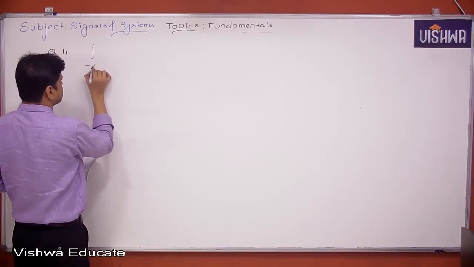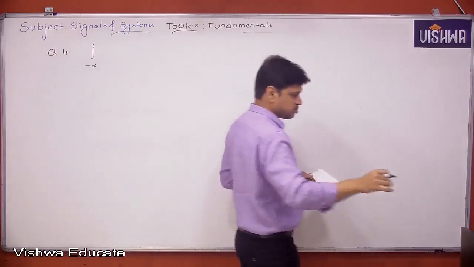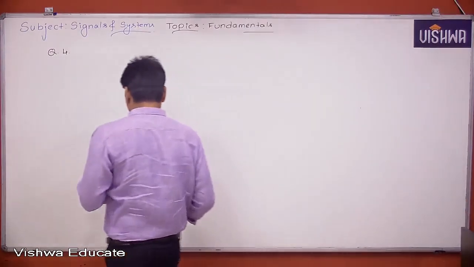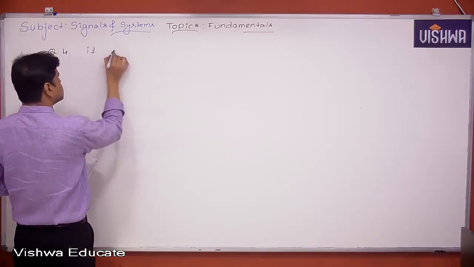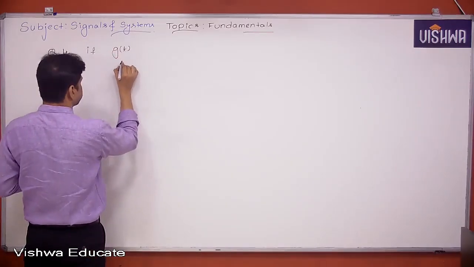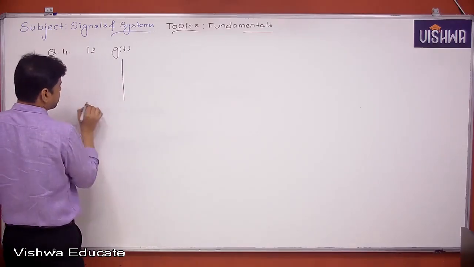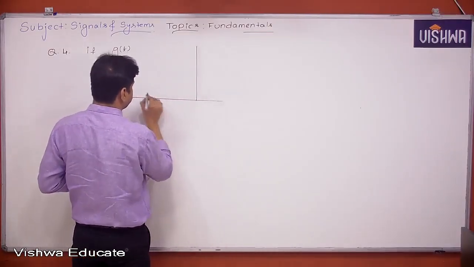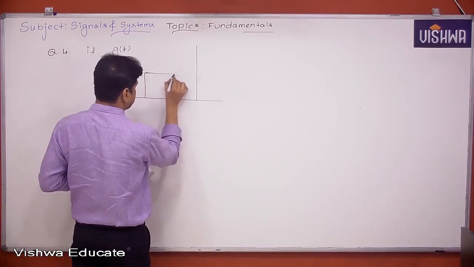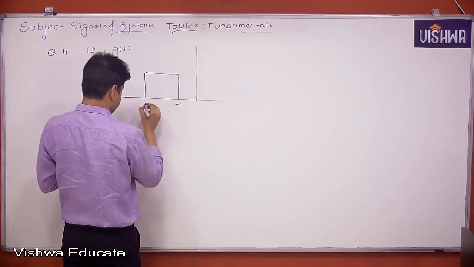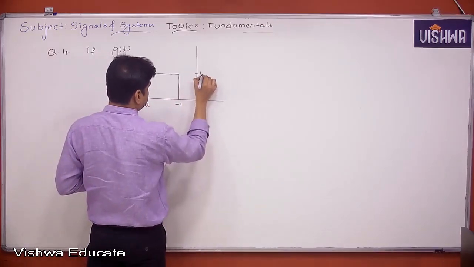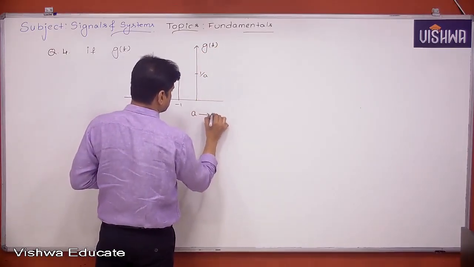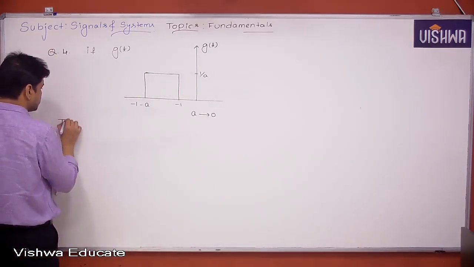Integral from minus infinity, or better, if g of t is given like this, this is what g of t is, and here a tends to 0. Then what is the value of this integral?